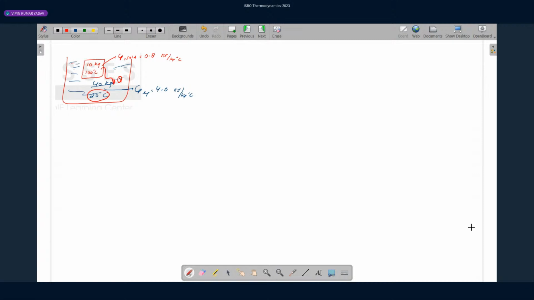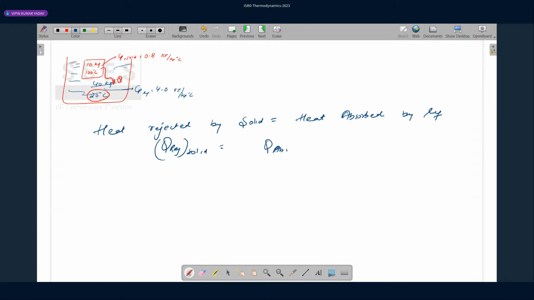Heat rejected by the solid is equal to heat absorbed by the liquid, because the energy balance must always be valid. All this is happening at constant pressure, because atmospheric pressure is constant.